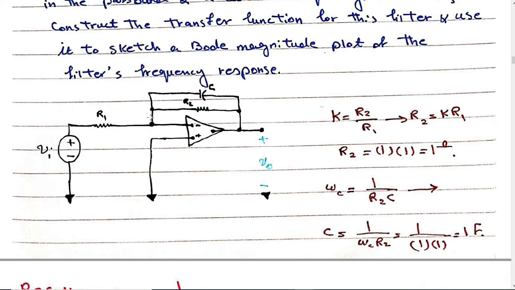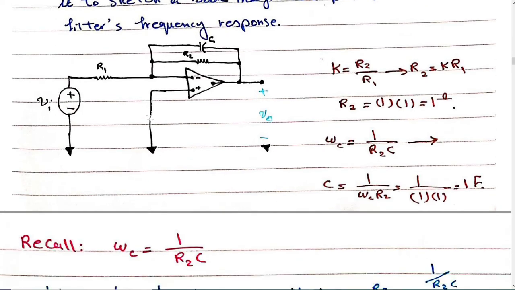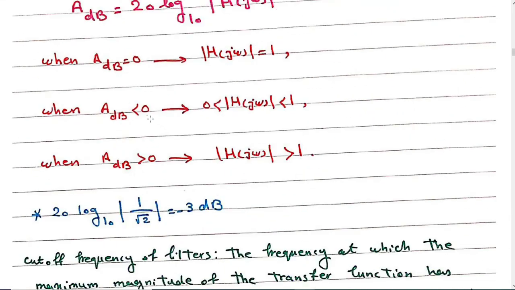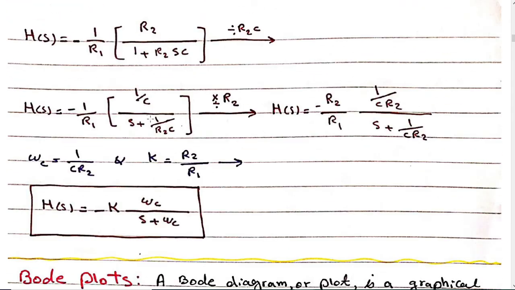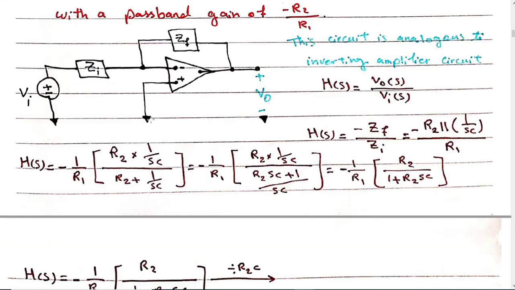So what is the relation between V out and VI? V out over VI is our transfer function. We just did it. V out over VI is minus ZF over ZI.